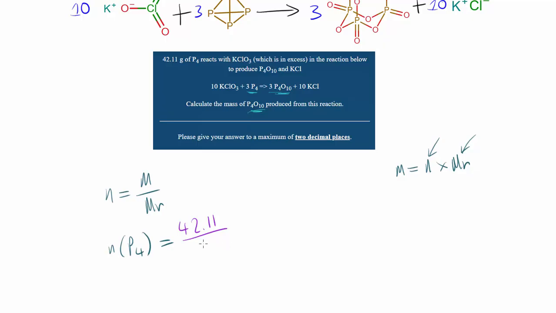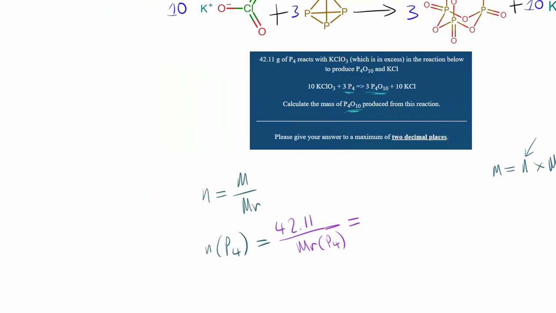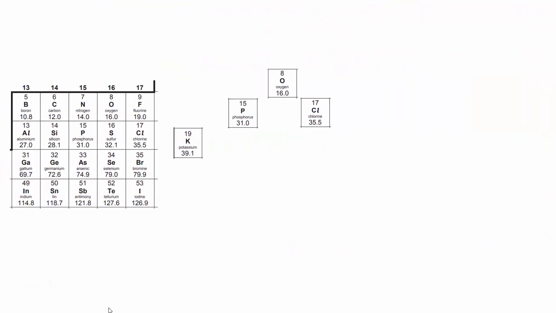We don't have the molar mass just yet, so I'm just going to put MR there, but that would be the MR of P4. But we're going to go ahead and figure that out from the periodic table, right?